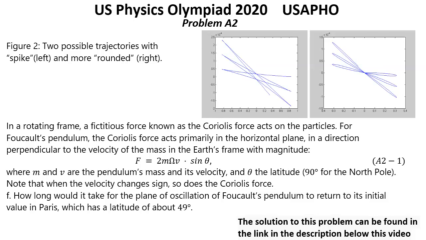Note that when the velocity changes sign, so does the Coriolis force. Question F. How long would it take for the plane of oscillation of Foucault's pendulum to return to its initial value in Paris, which has a latitude of about 49 degrees?